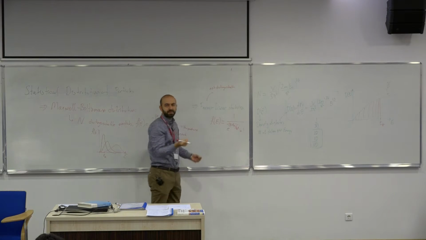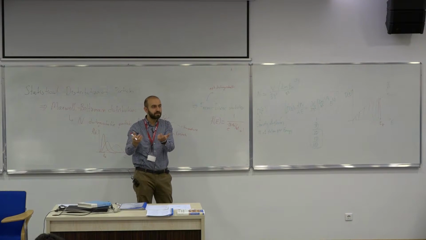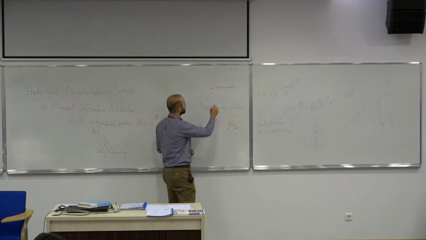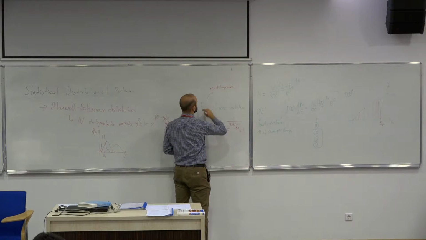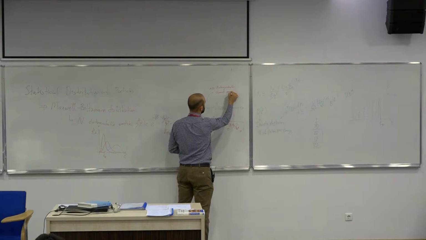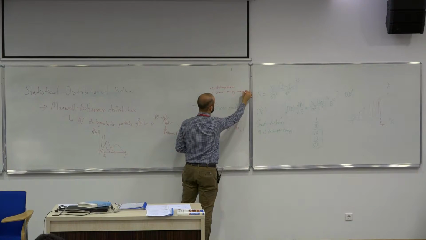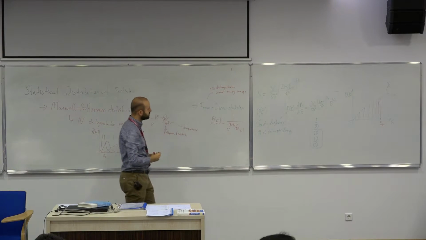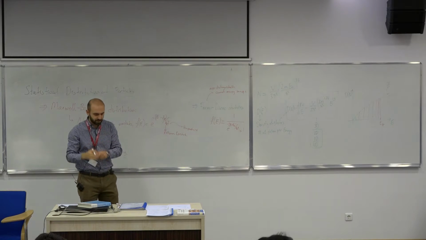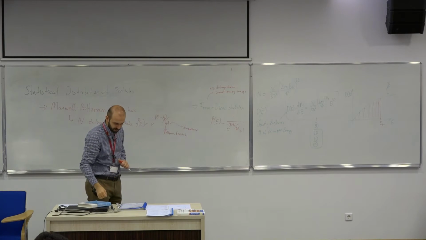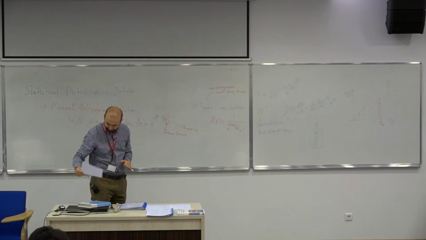You cannot separate one electron from another. There's no way to do it. And then they cannot occupy the same quantum state. If you do the distribution, this is the expression that you end up with.